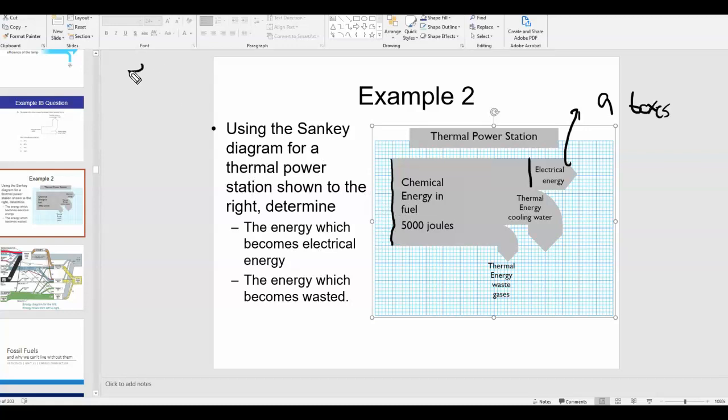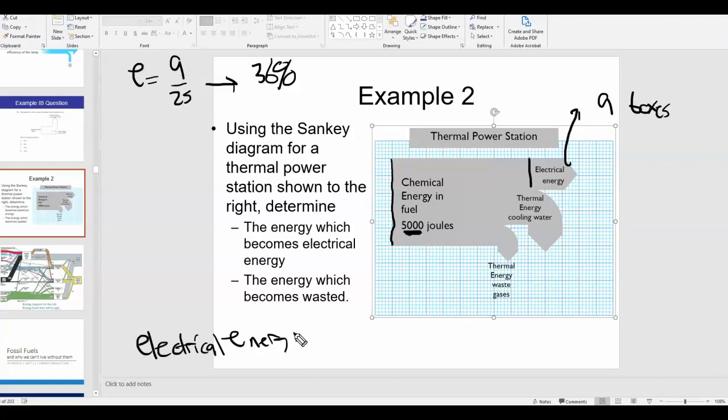So that means the efficiency would have a ratio of 9 over 25, which is 36%. Which means that if the input is 5,000 joules, we can calculate the electrical energy, because the electrical energy would just be 36% of that 5,000 joules.